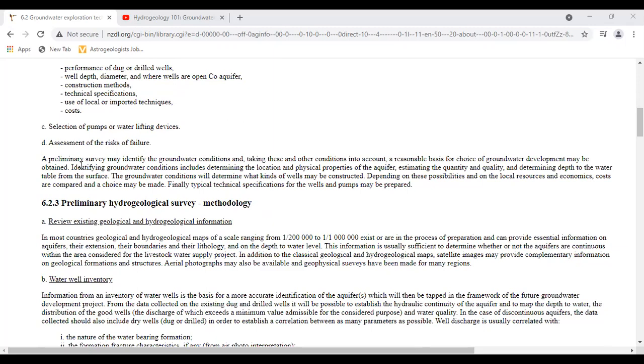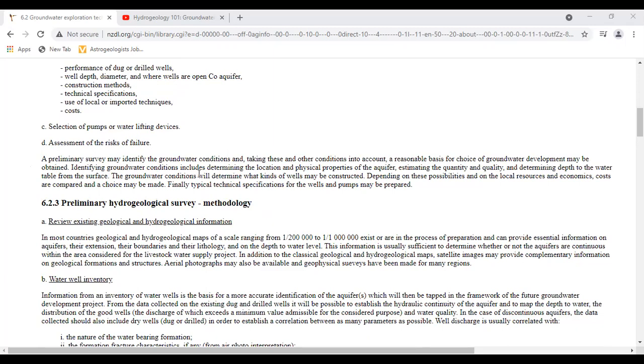A preliminary survey may identify the groundwater conditions, and taking these and other conditions into account, a reasonable basis for choice of groundwater development may be obtained.